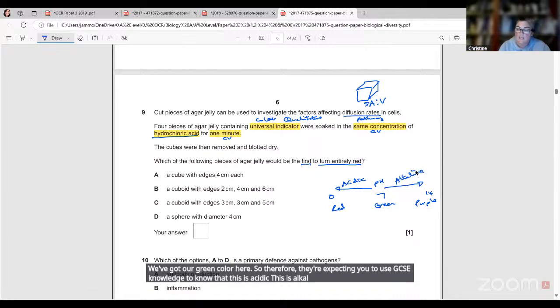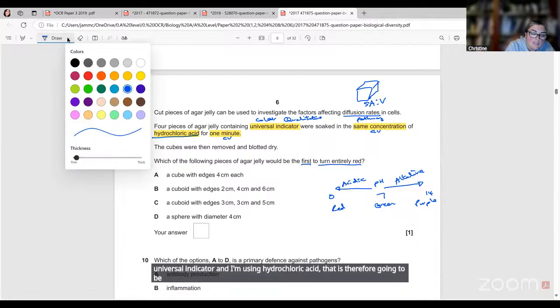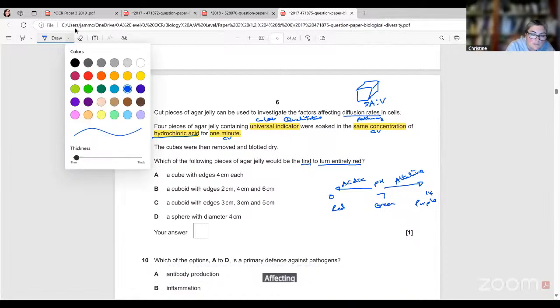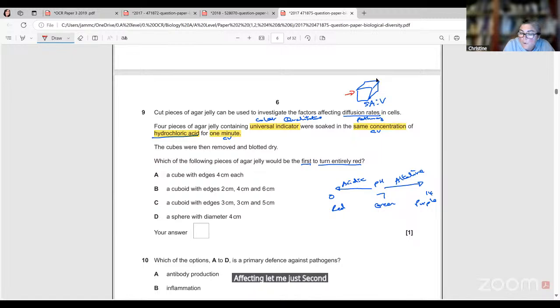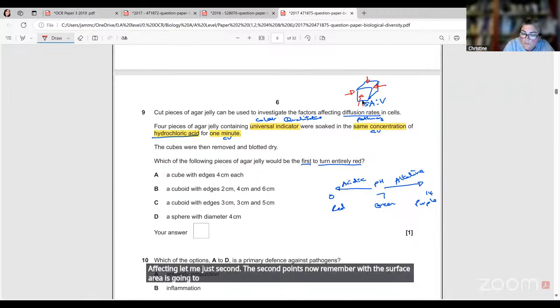And if I'm using a universal indicator and hydrochloric acid, that is going to be affecting the points. Now, remember, with the surface area, it's going to be hitting every single surface at the same time. So what are we looking at? We're looking at the movement of it coming in from all sides.